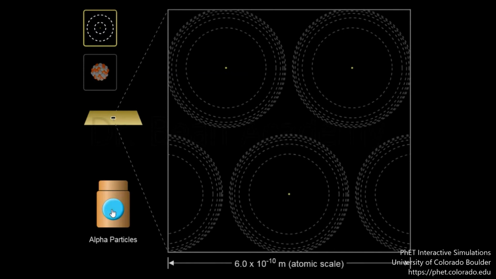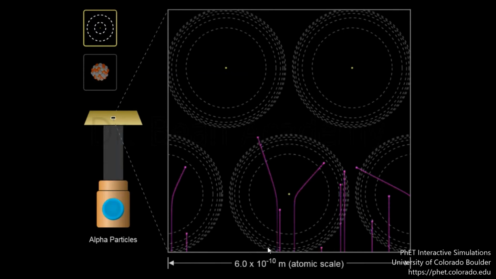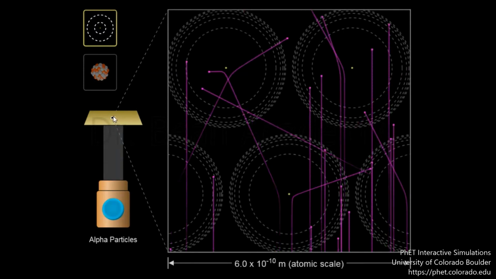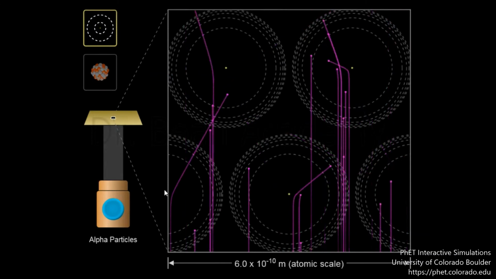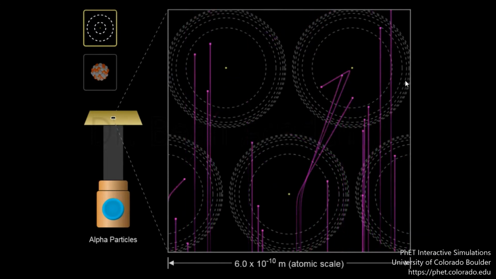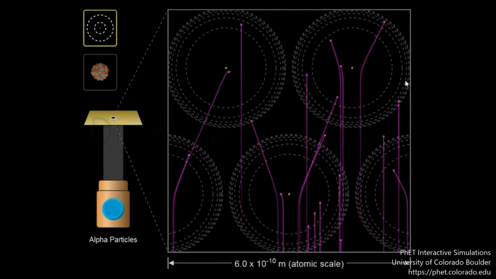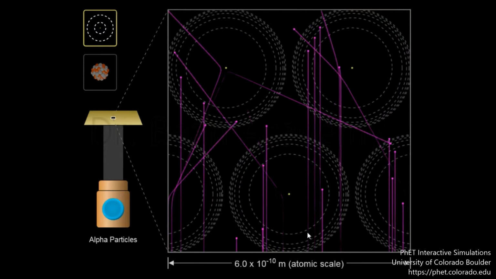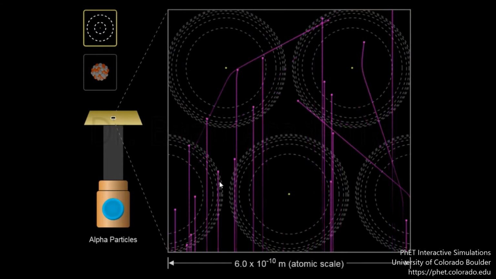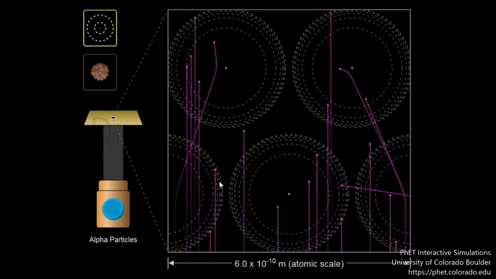So I am starting the alpha particle gun, and then you can see that alpha particles are hitting the gold foil on the left, and then you can see a magnified view. And what Rutherford observed from this experiment was that a lot of alpha particles just went straight through the gold foil, and the gold foil was ultra thin.